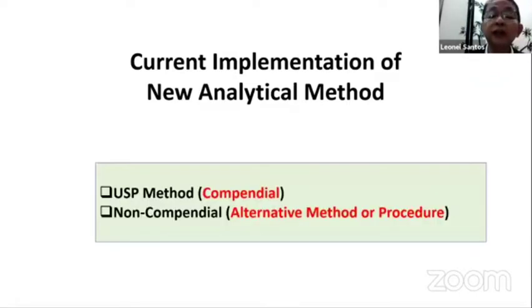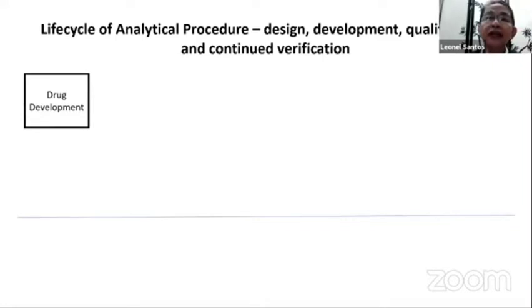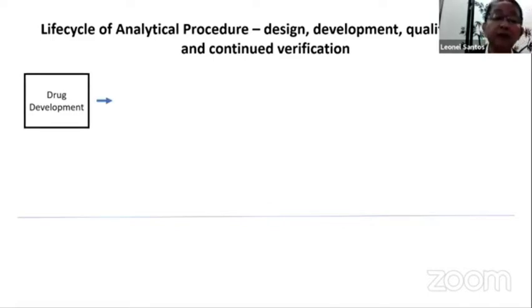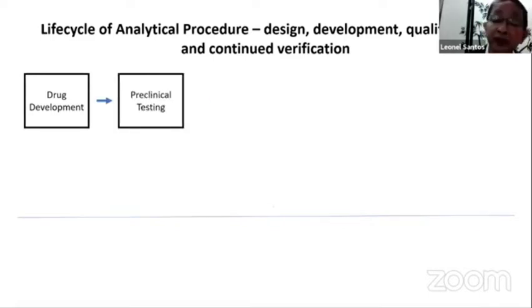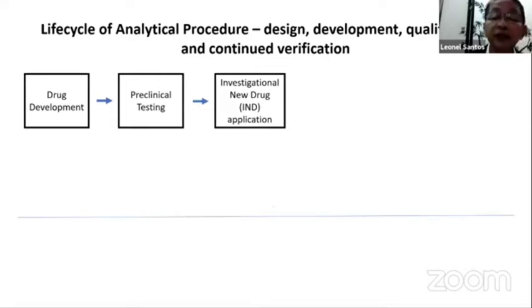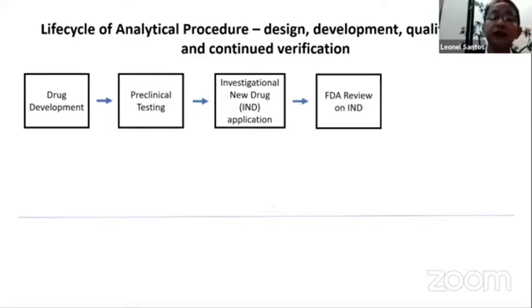So we go to the current implementation of new analytical method in a laboratory, either by using a USP method or an alternative method. This involves actually having an understanding, for most of you who are not familiar with the pharmaceutical industry, of how it goes from drug development, going into the preclinical testing, and then to what is called the investigational new drug, and then FDA reviews them.